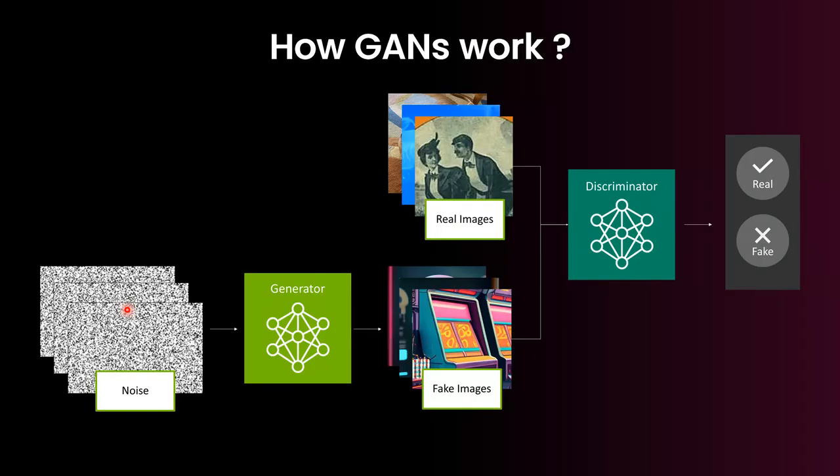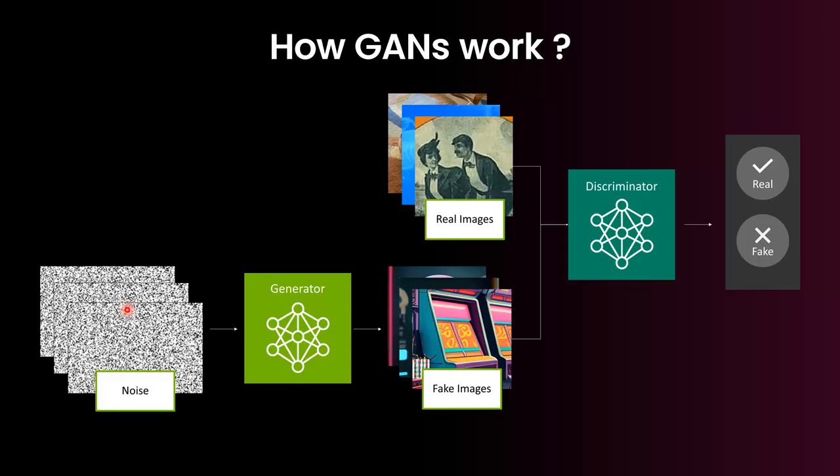And the loss function for the generator is based on how well it fooled the discriminator, and the loss function for the discriminator is based on how well it avoided being fooled, or how well it managed to detect the fake images. Okay, so this is why we call it a generative adversarial network.